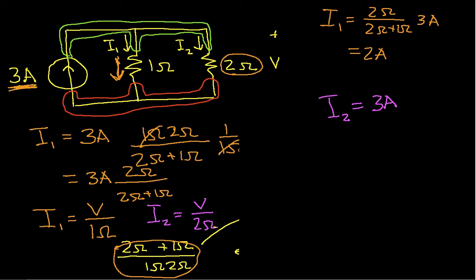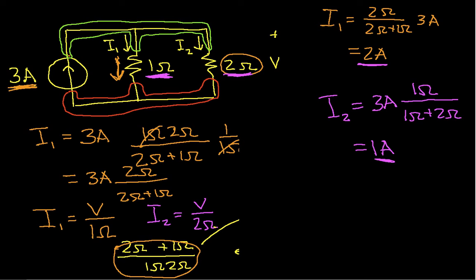That's the current flowing through the parallel combination of the 1 ohm and 2 ohm, times 1 ohm, that's the value of the resistor that the current's not flowing through, over 1 ohm plus 2 ohms, which turns out to be 1 amp. So what we see is that the more current, 2 amps, flows through the smaller resistor. Less current, 1 amp, flows through the larger resistor.